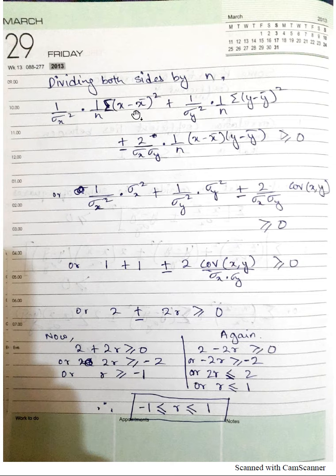So now this is the formula for variance of x, this is the formula for variance of y, and this would be the formula for covariance of x and y.